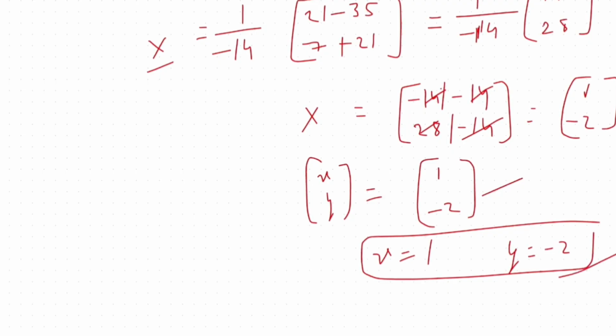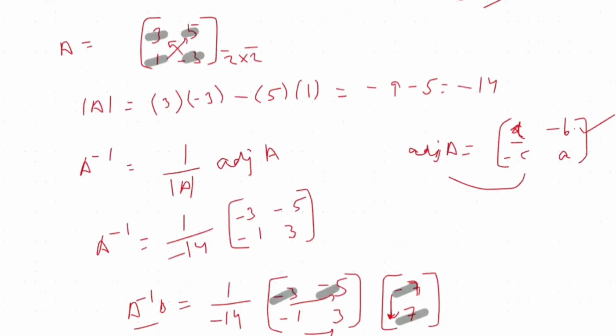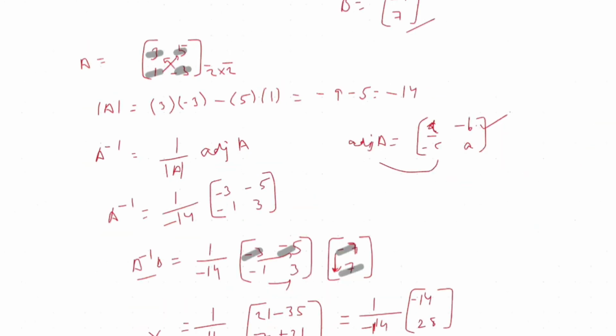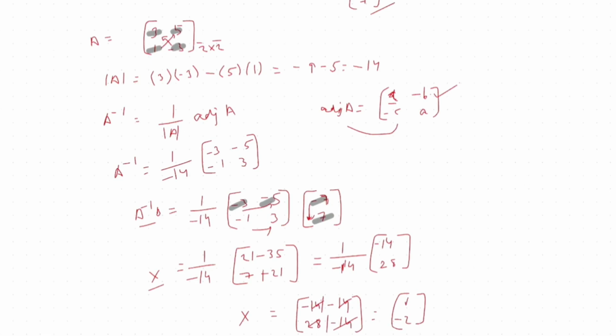So this is the whole method for the inverse matrix and how you can solve this. In the whole method, for the very first step you just need to find the inverse of A, which starts with the determinant. And after that, you need to find the adjoint of A with a basic formula that I used here, but we can do the minors and cofactors also in any other video.